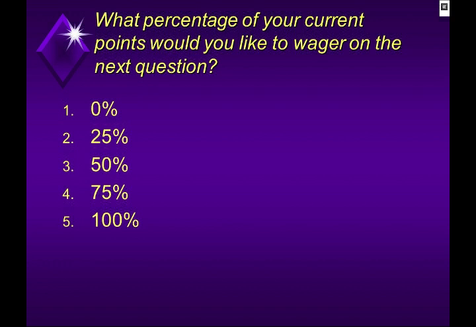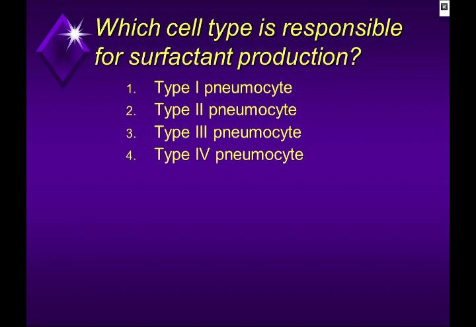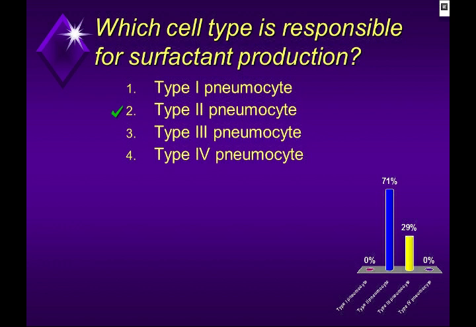This is one of the things that I do for some of these things. Play a little Jeopardy, final Jeopardy question. How much do you want to wager? Type 2. Type 1 is dealing with what? Gas exchange. Type 3 is dealing with what? Cleanup, garbage collection. All right.